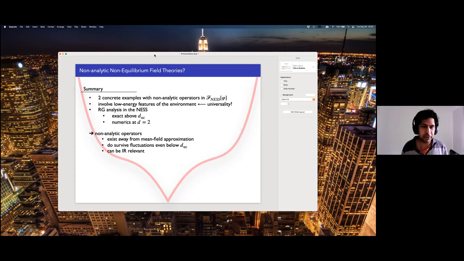So in that sense, it's not so much the non-equilibrium part. It's just the fact that you have integrated out some modes, because even within equilibrium, we do get such non-analytic terms if we integrate out.